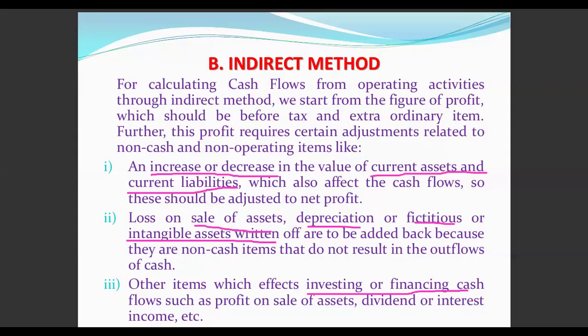So, what is the major highlight of the indirect method? The major highlight is that in the direct method, the sale or change in assets or investments is not counted so well, which is counted much better and more effectively in the indirect method.